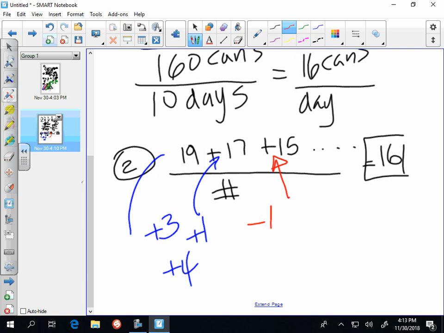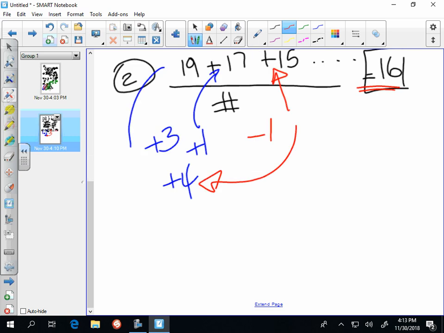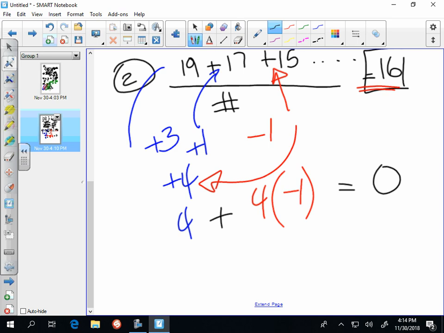How many days with 15 do I need to overcome all those more than 16s to get back to an average of 16? If I'm 4 above, I think I need 4 days of 15 where I'll go 1 below each of those 4 days, so that I'll end up with 4 above plus 4 days of going 1 below the average to get to the average of 16.